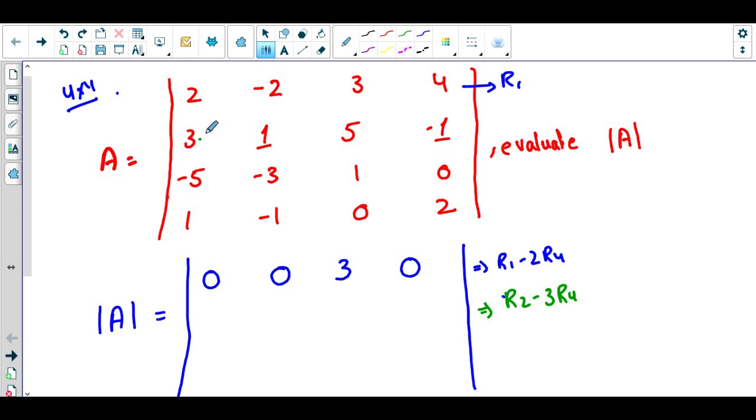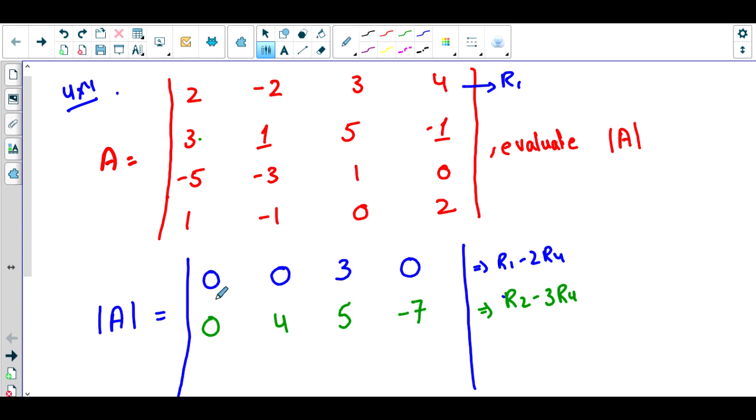It will give me this benefit: 3 minus 3 will be 0, 3 minus 3 will be 0. 1 minus minus 3, it will be 1 plus 3, we will get here a 4. The next one, 5 minus 0, it will be 5, minus 1 minus 3 into 2, minus 6, so it will be minus 7.